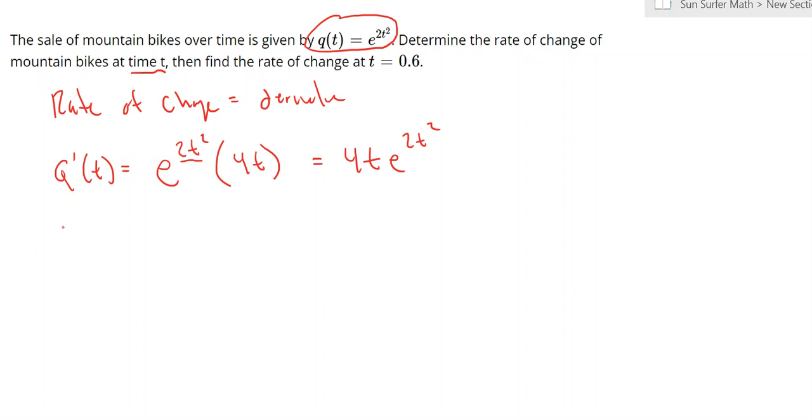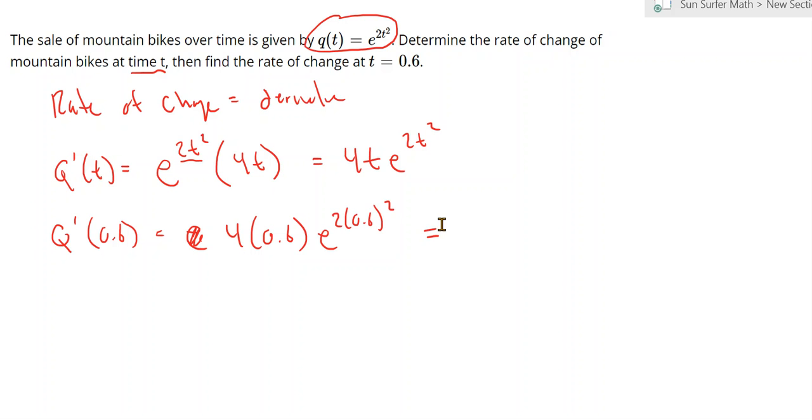And then we want to find the rate of change at t equals 0.6. So 4 times 0.6 times e to the 2 times 0.6 squared.